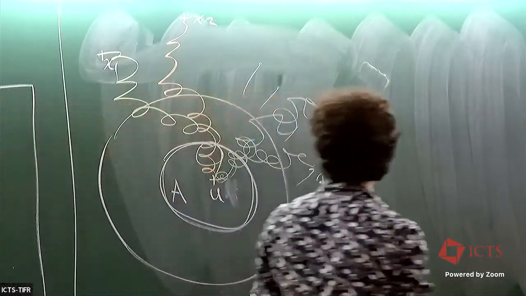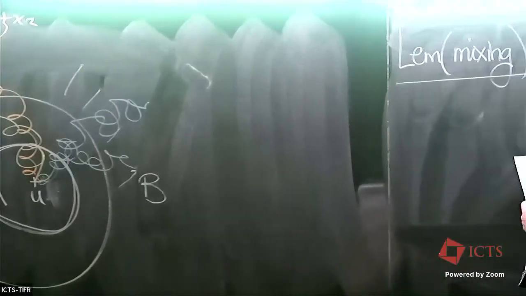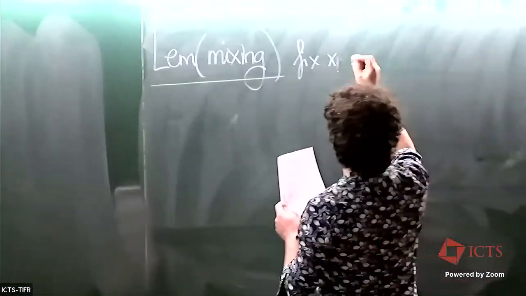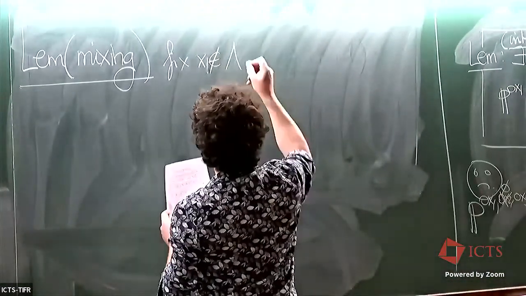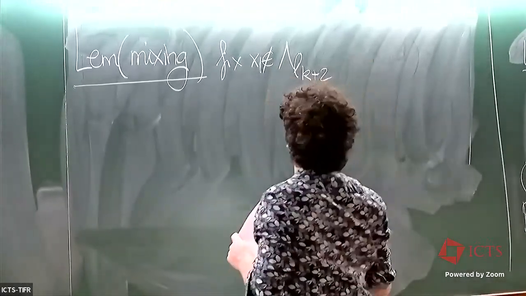Then I claim that the probability, so say fix x1. So there's going to be even one current only. So x, which is not in Lambda L_k plus 2, say something like that.